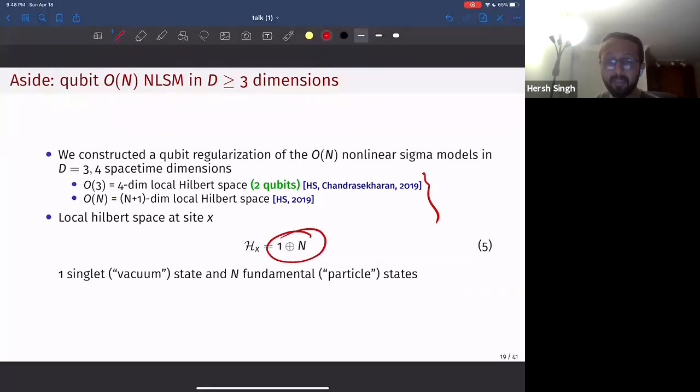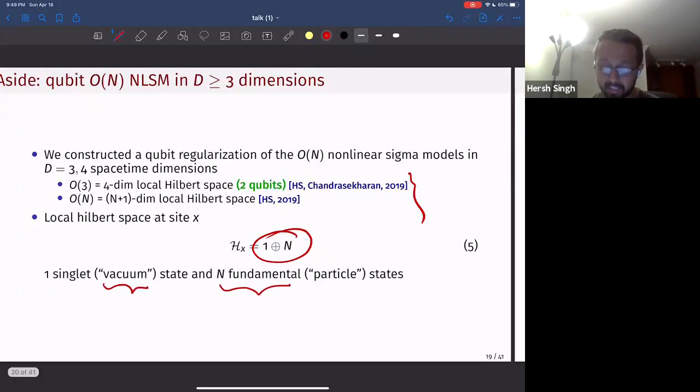So you can think of the local Hilbert space as being composed of one singlet state, singlet under O(N), which you can think of as just vacuum. And then you have the fundamental representation at each lattice site as well. So the full Hilbert space is 1 plus N dimensional.